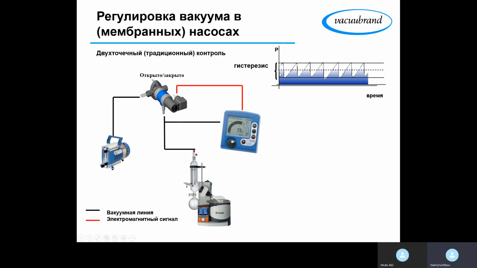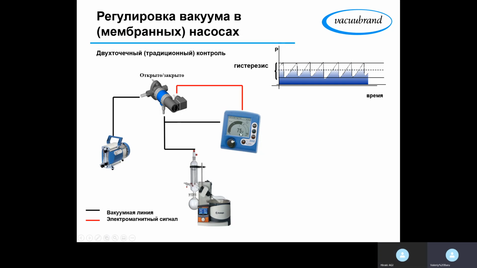So what do the manufacturers offer, not only of vacuum pumps, to solve this problem? They set a certain figure which is called hysteresis, and it marks the delta P which we can have. So for example, let's say we set a delta P of 5 millibars.